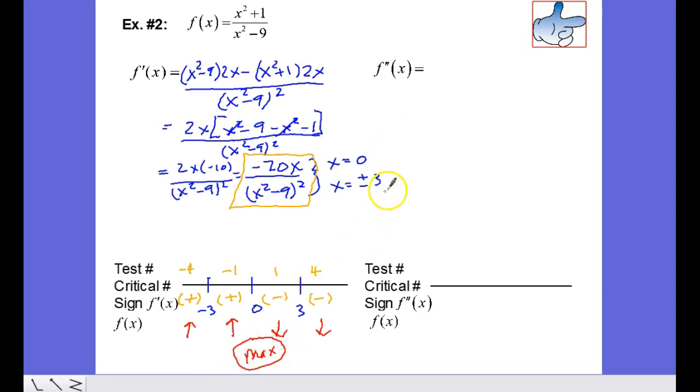Now, let's talk about concavity, and let's look at the second derivative. So the second derivative is the same as the first derivative of the first derivative. So I can take this function and differentiate it again using the quotient rule.